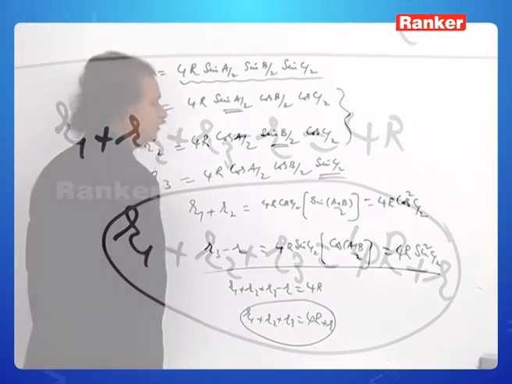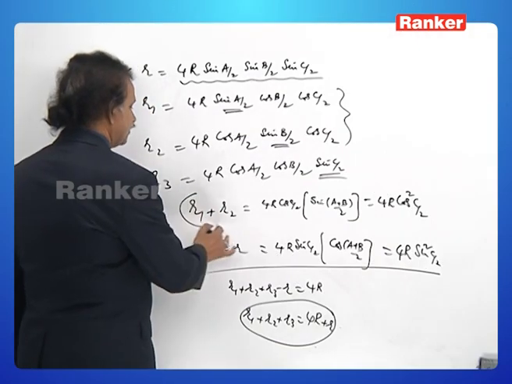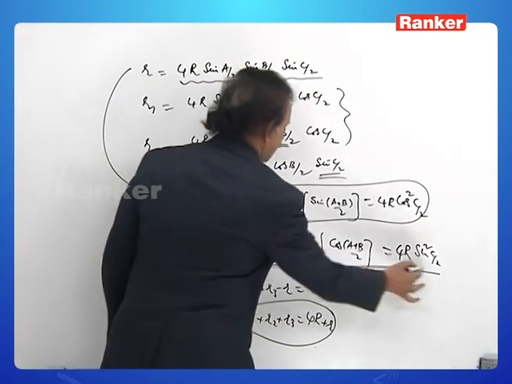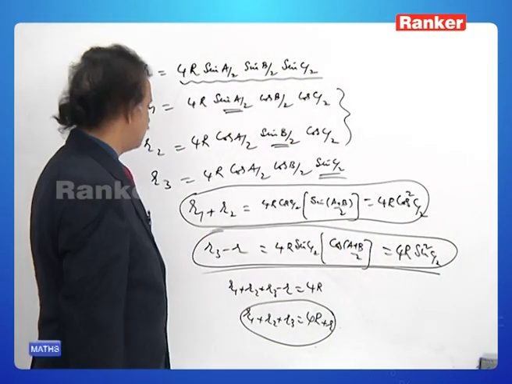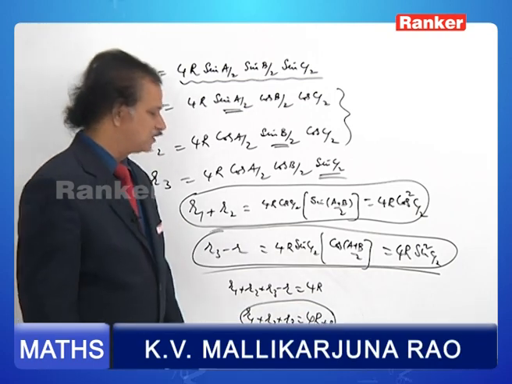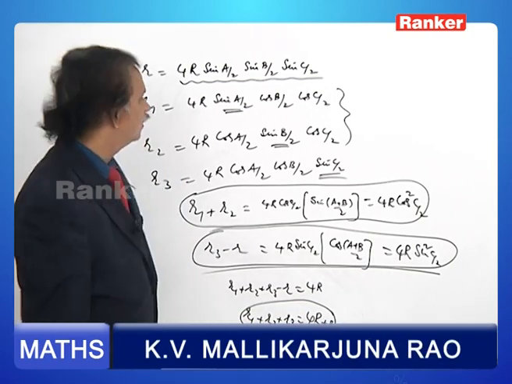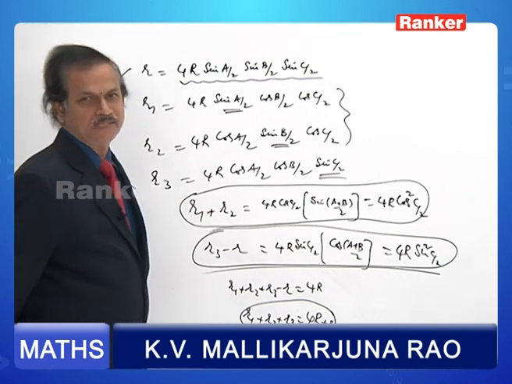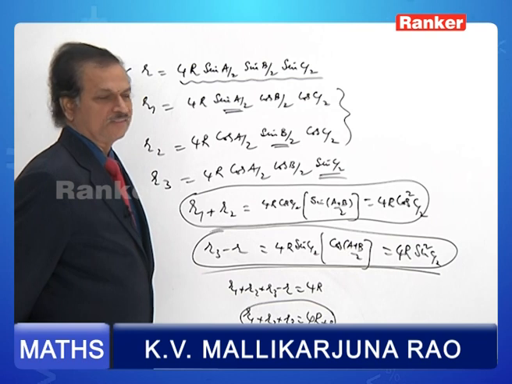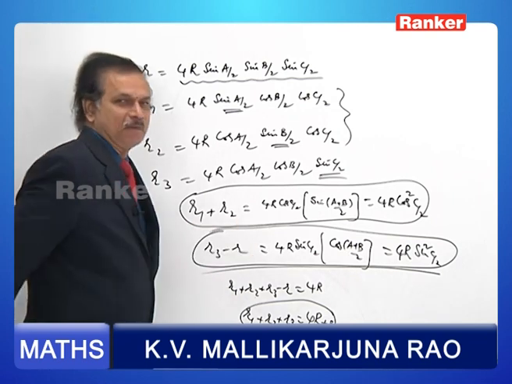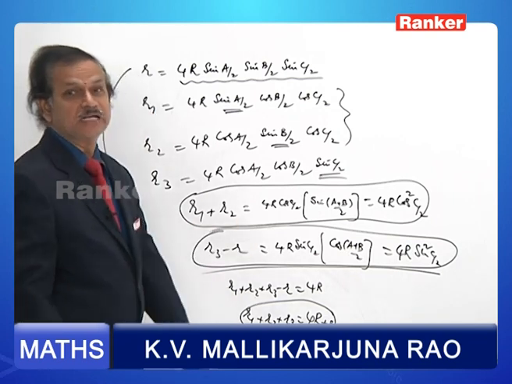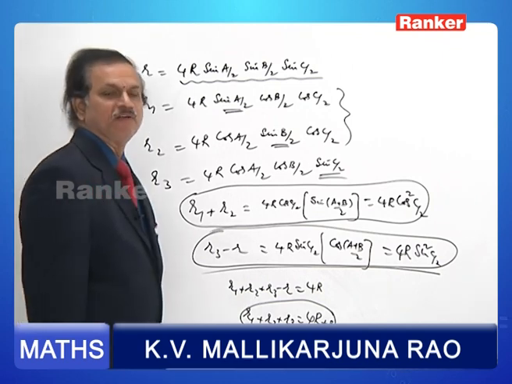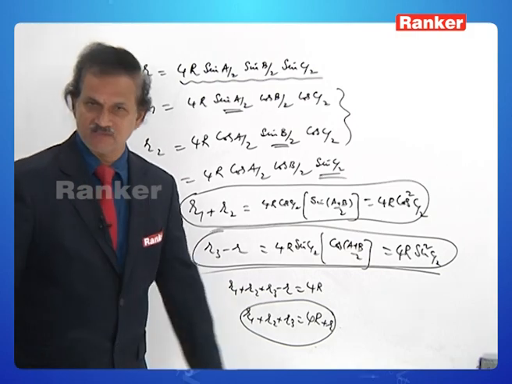Beautiful result. r1 plus r2 is equal to 4R cos square C by 2. r3 minus r is equal to 4R sin square C by 2. r1 plus r2 plus r3 is equal to 4R plus small r. These are all consequences of the so-called third set of formulae. Yes, they're beautiful, they're useful, they're famous, they're important.